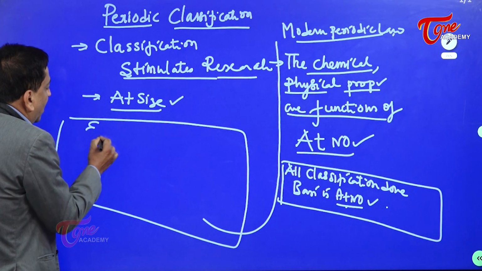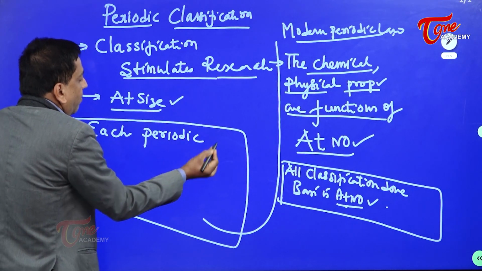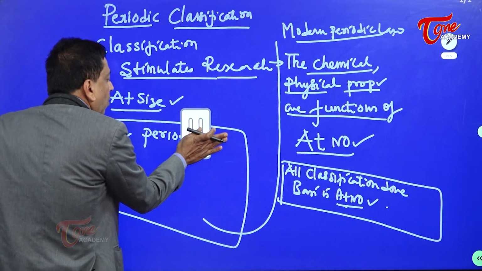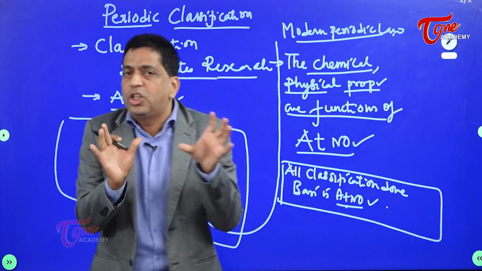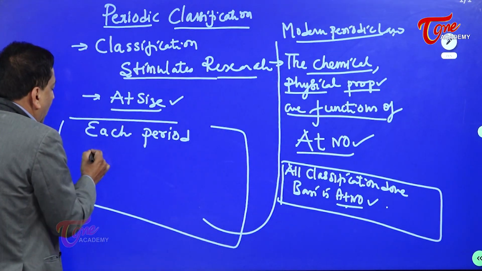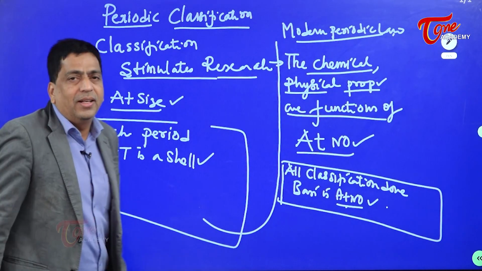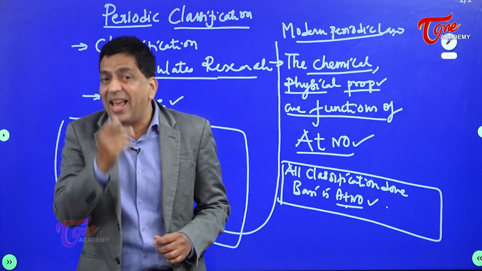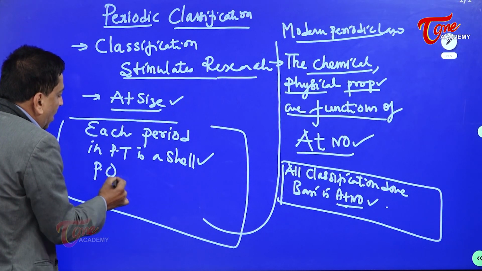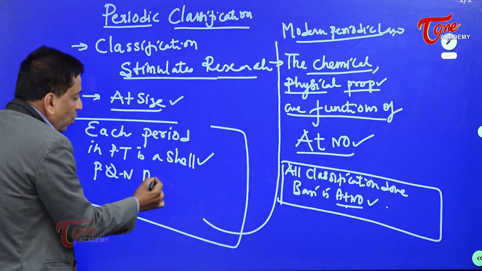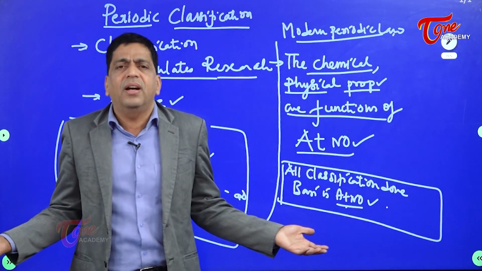Remember, each period in the periodic table is a shell, the shell proposed by Bohr, which is designated by the principal quantum number n with values 1, 2, 3 and so on up to infinity, because you have infinite number of shells.